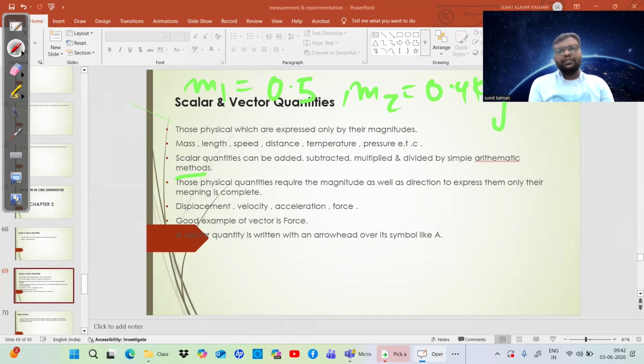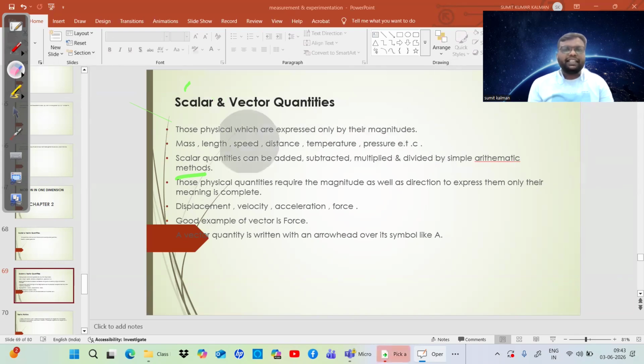Both are scalar quantities and physical quantities. These masses m1 and m2 can be added, subtracted, multiplied, and divided. If you add them, m1 plus m2 is 0.9 kilograms. Similarly, you can multiply, divide, and subtract.